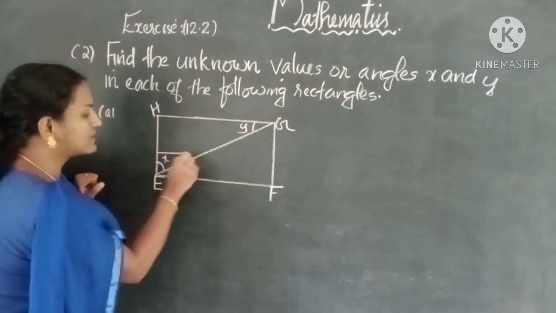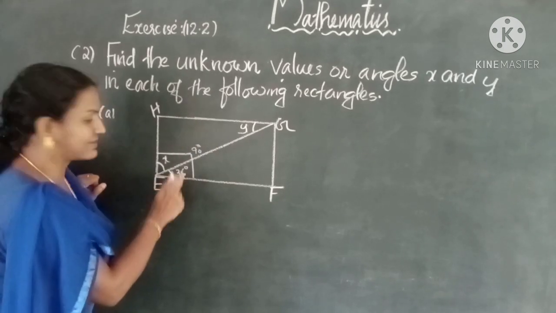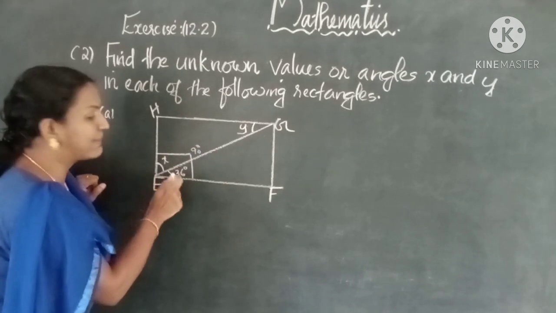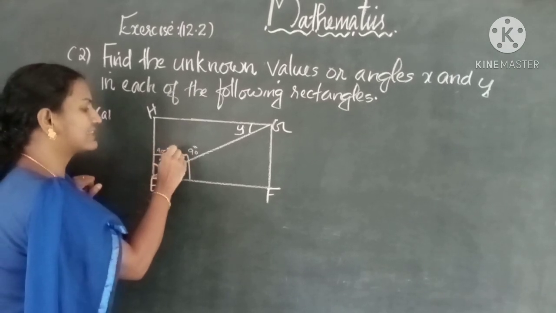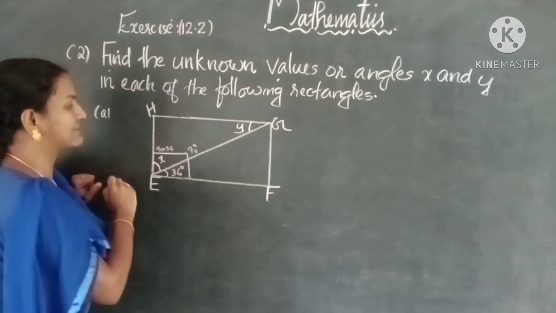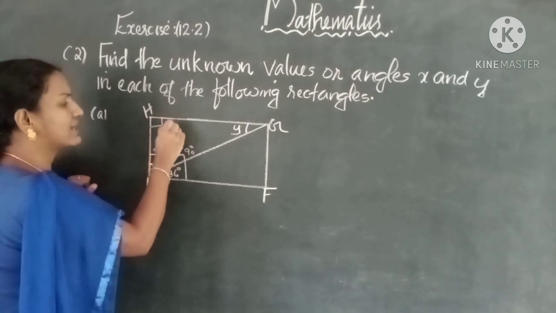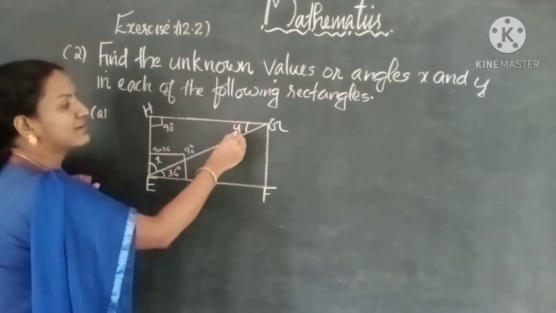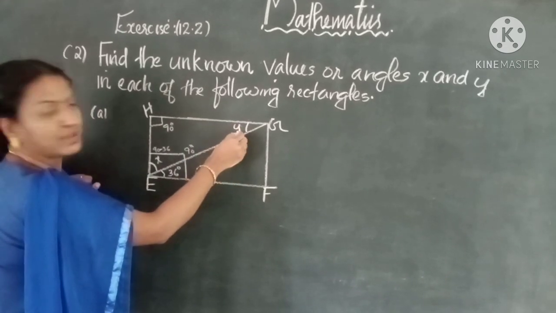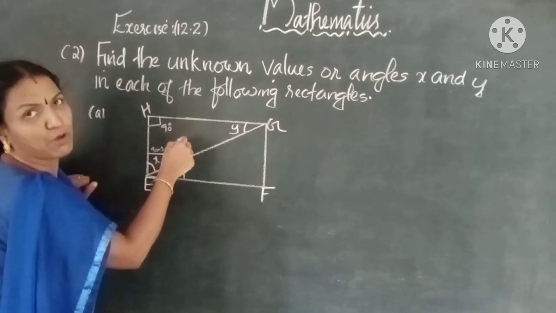The total is 90 degrees, so this is 36. So angle x is 90 minus 36. Then angle H is 90 degrees, because in a rectangle each angle is 90 degrees. Then we find the value of y by using these two angles and the angle sum property of a triangle.